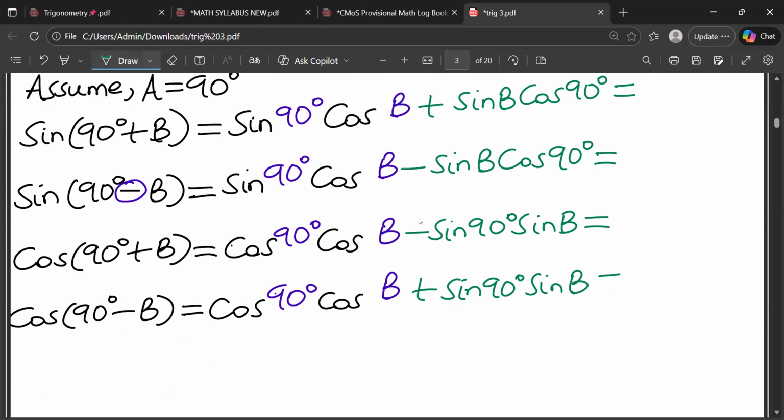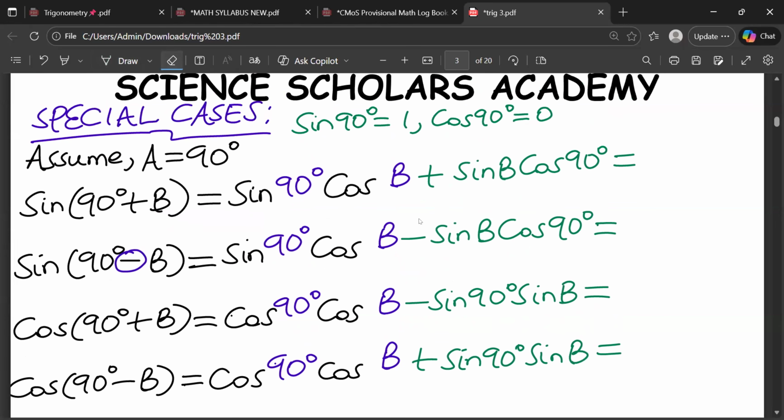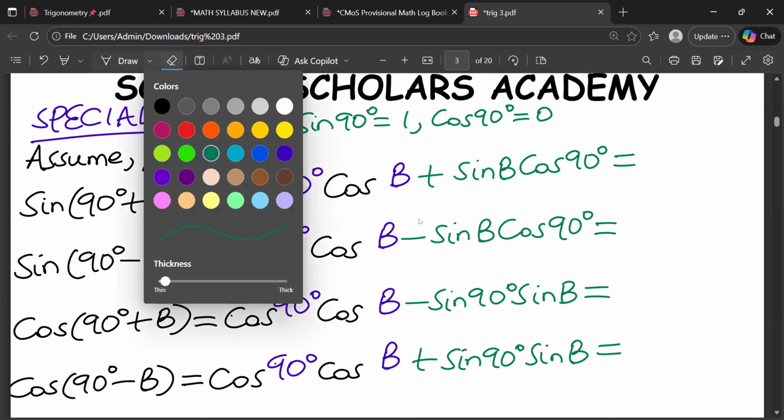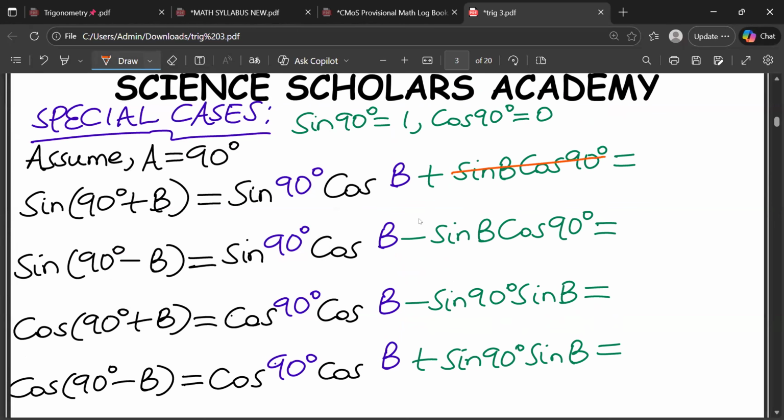Now you've said cos 90 is a 0, right? That means the whole of this is going to be lost because it is a 0. The same for this one, because cos 90 is a 0.